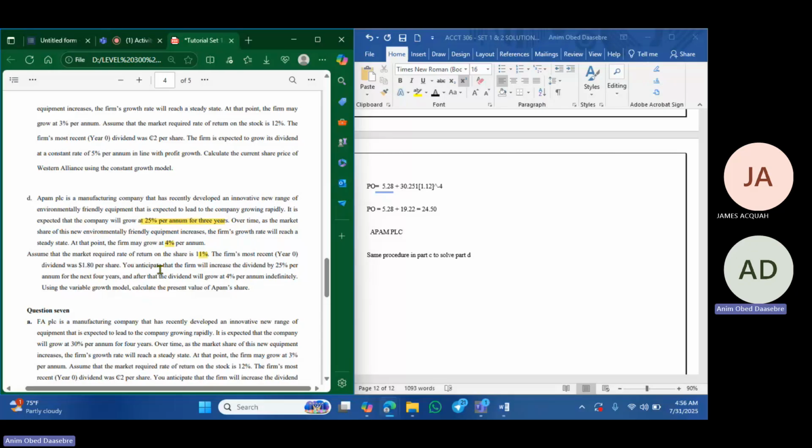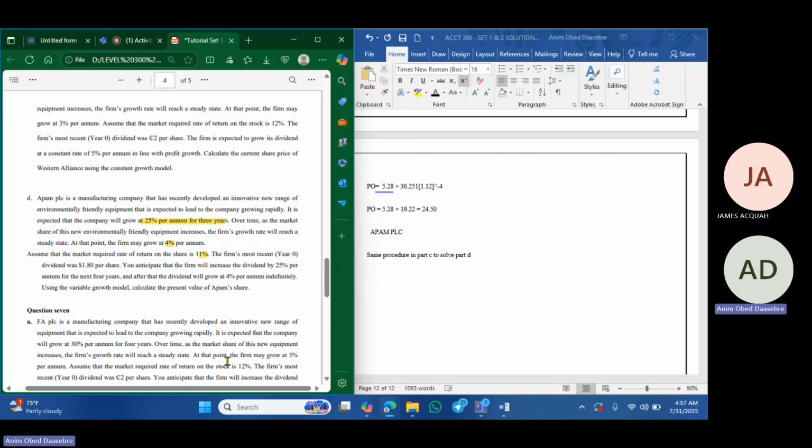You anticipate that the firm will increase the dividend by 25% annually for the next 4 years, and after that the dividend will grow at 4% per annum indefinitely.